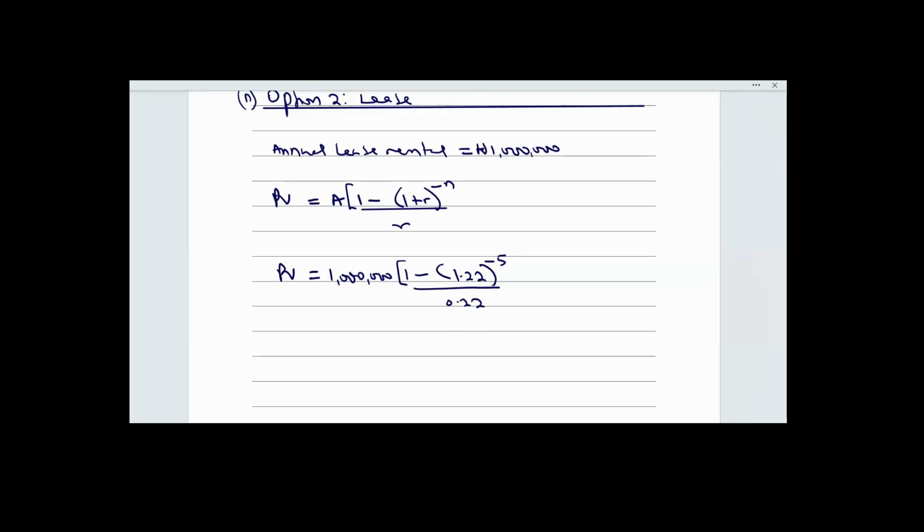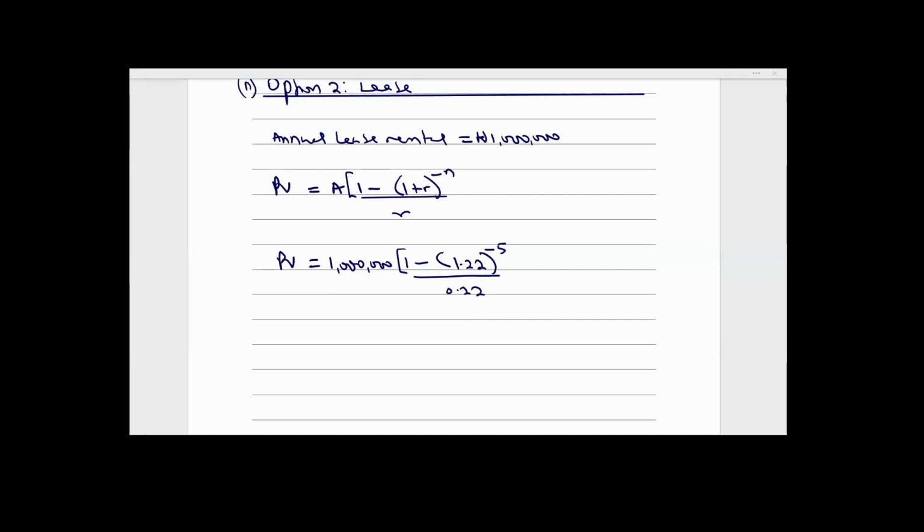If you use the table, so be it. So I will just say 1.22 raised to power 5, minus 1, divided by 0.22, equals. So my annuity factor. So in this case, let me close this one.